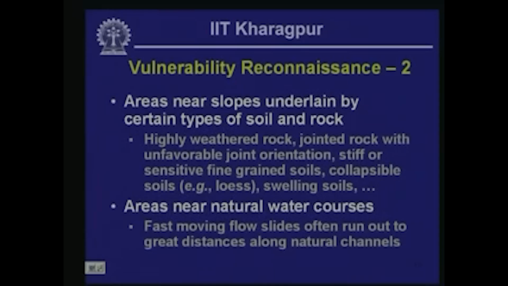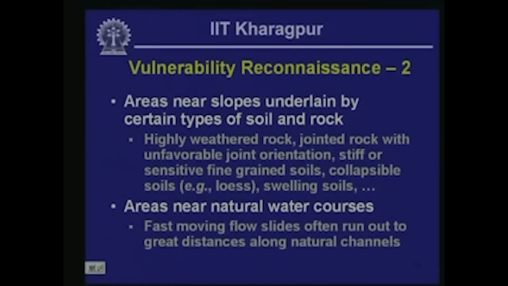Then areas near slopes underlain by certain types of soil and rock: you just look at the bedrock geology or near surface geology map, or soils map, and then if you see the presence of certain types of rock and soil, a list of which we have already looked at and which is again indicated in this slide.